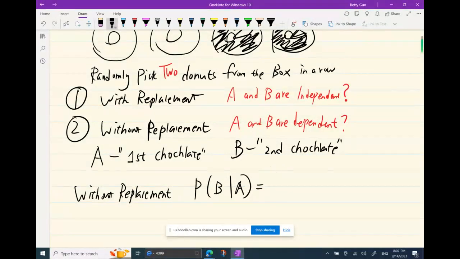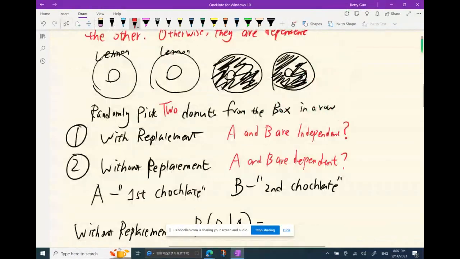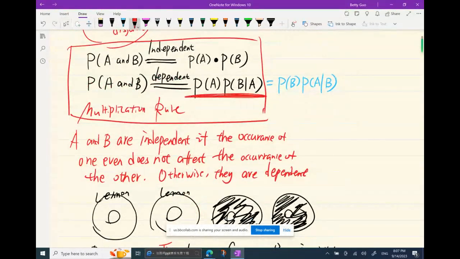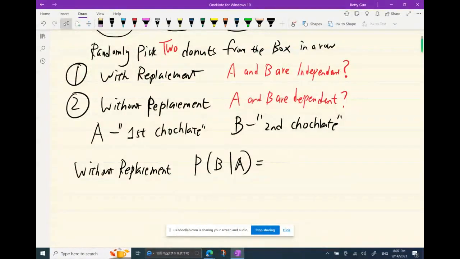This notation is a conditional probability, a concept we need to learn today. You see this probability, P of B given A. That vertical bar is described as "given."